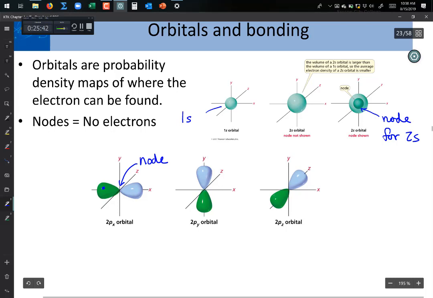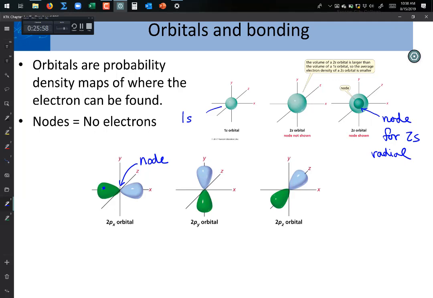So literally the 1s orbital is the only one that doesn't have a node, and all the others have nodes. This is known as a radial node because it's around the center. It's around the radius. These are called nodal planes. That terminology is not that important. I'm just telling you general stuff.